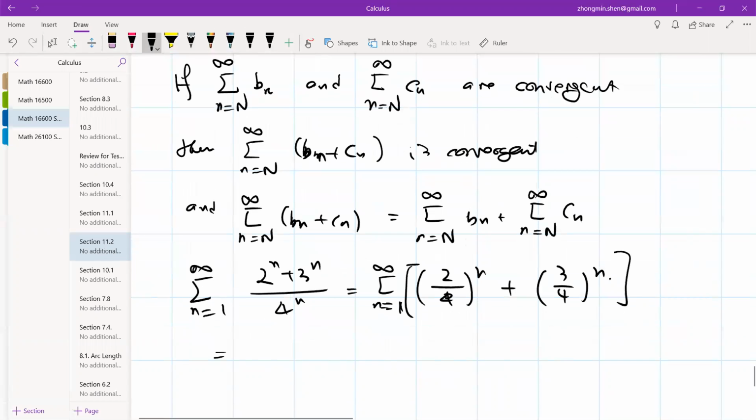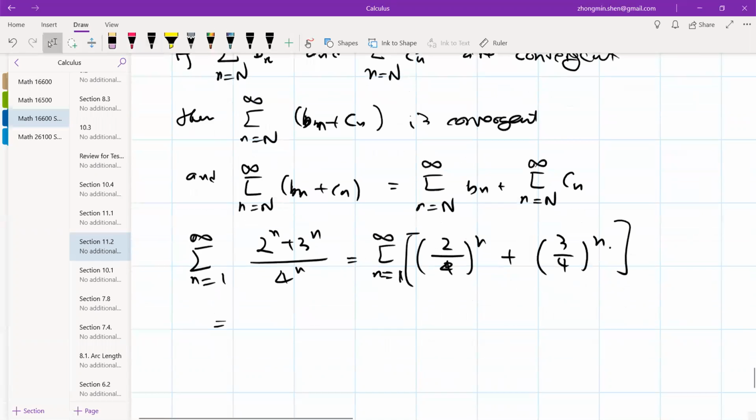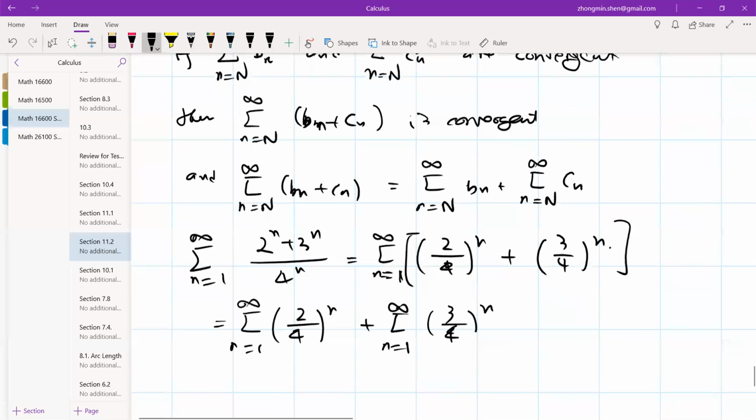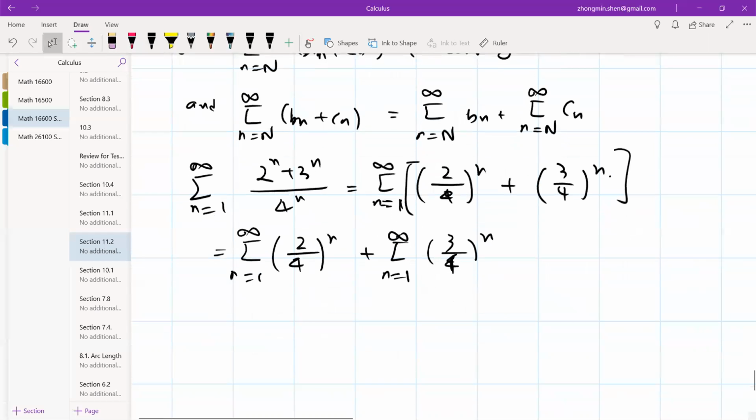You can separate them. So as long as both of them are convergent, then it implies the original series is convergent. And we know this is a convergent geometric series.